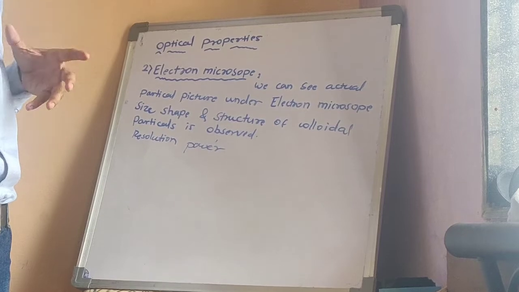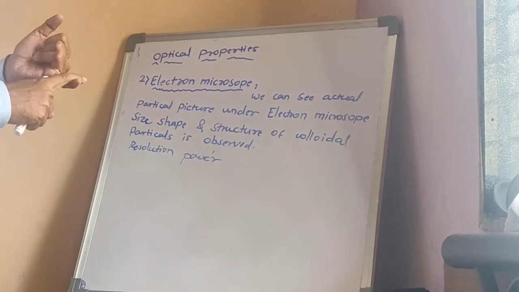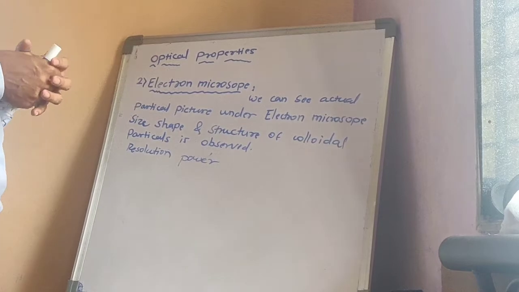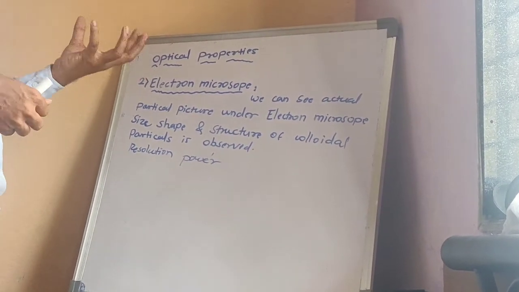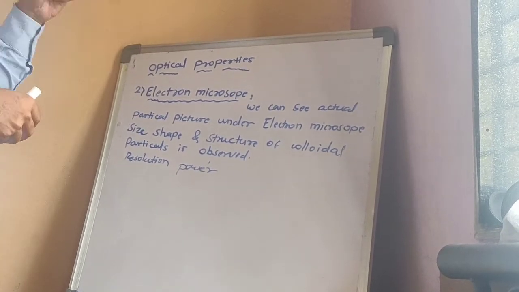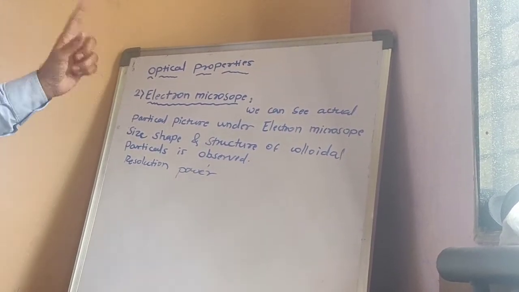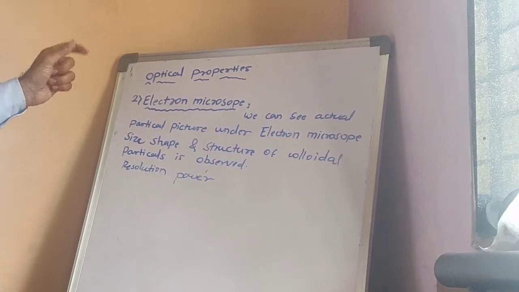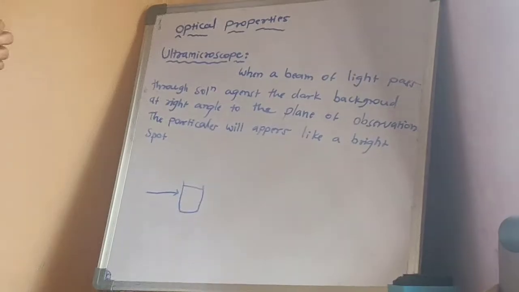The electron microscope has high resolution power, therefore we can observe the size, shape and structure of any colloidal dispersion. With its help, we can observe the real picture of any dispersed particle. So just stop the video and take a screenshot.